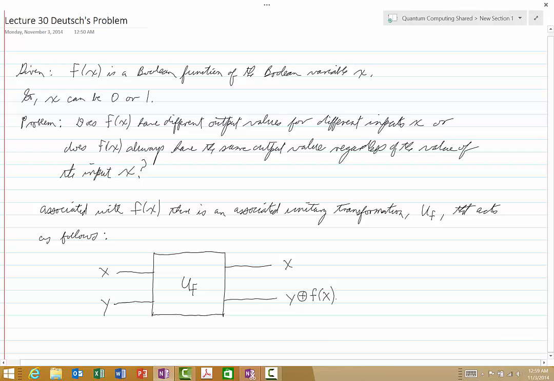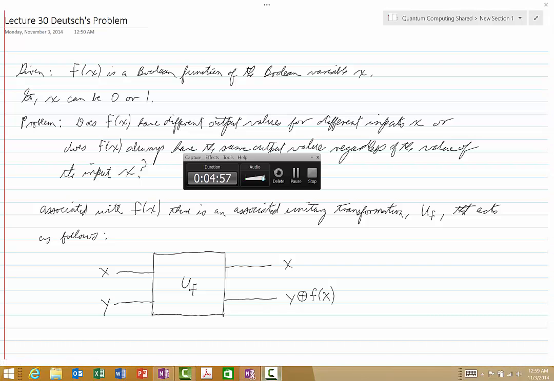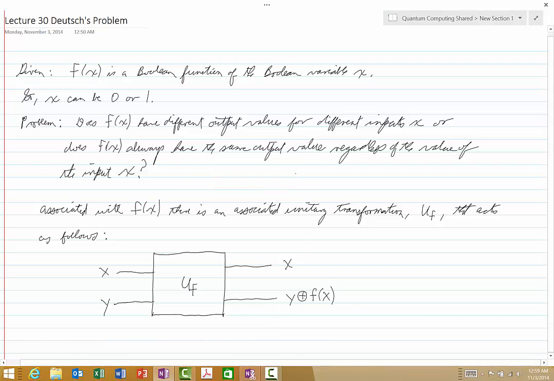And all of these are qubits, so let me denote that as well. So this is the unitary transformation associated with the function f of x.